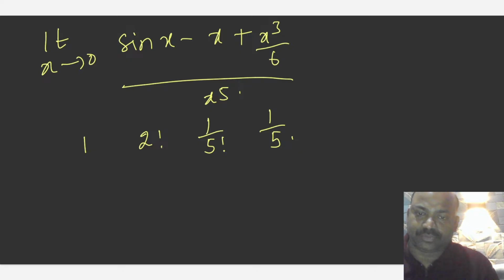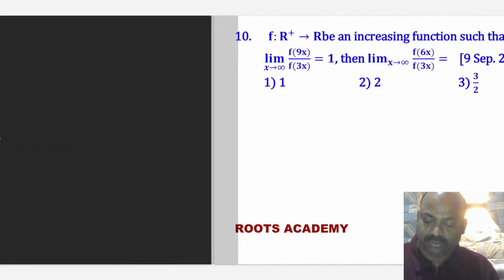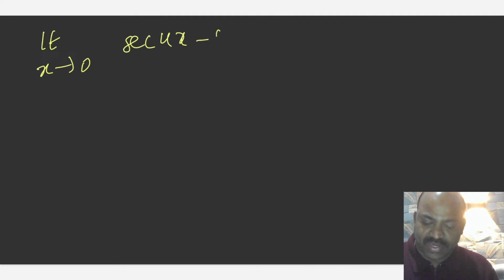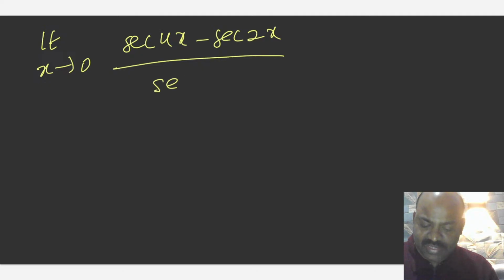Finished? The next question is secant 4x minus secant 2x by secant 3x minus secant x.